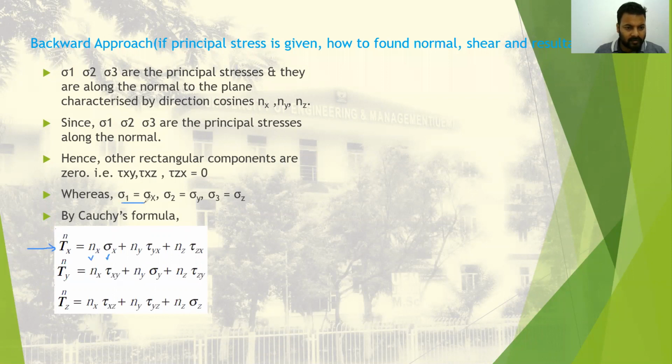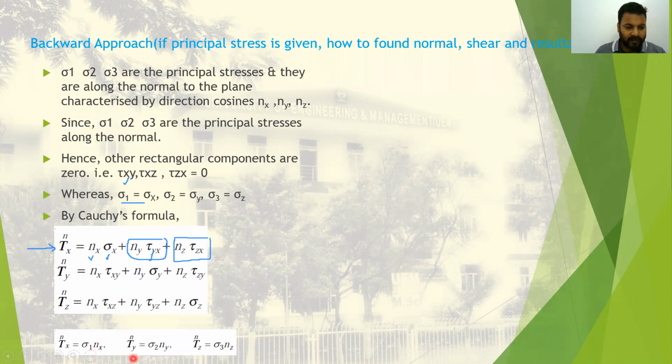Sigma x is equal to sigma 1, whereas tau xy is equal to 0, so this is equal to 0. Similarly, tau zx is equal to 0, so this is also equal to 0. So by putting sigma x equal to sigma 1, we can get the value of Txn.